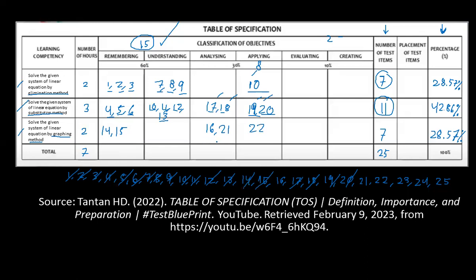O, diba? So, tingnan nga natin. So, we have 1, 2, 3, 4, 5, 6, 7, and 8. So, okay na tayo dito. So, 16, 21, and 22. Okay na yan. We're good to go. So, these are 8 questions in total.